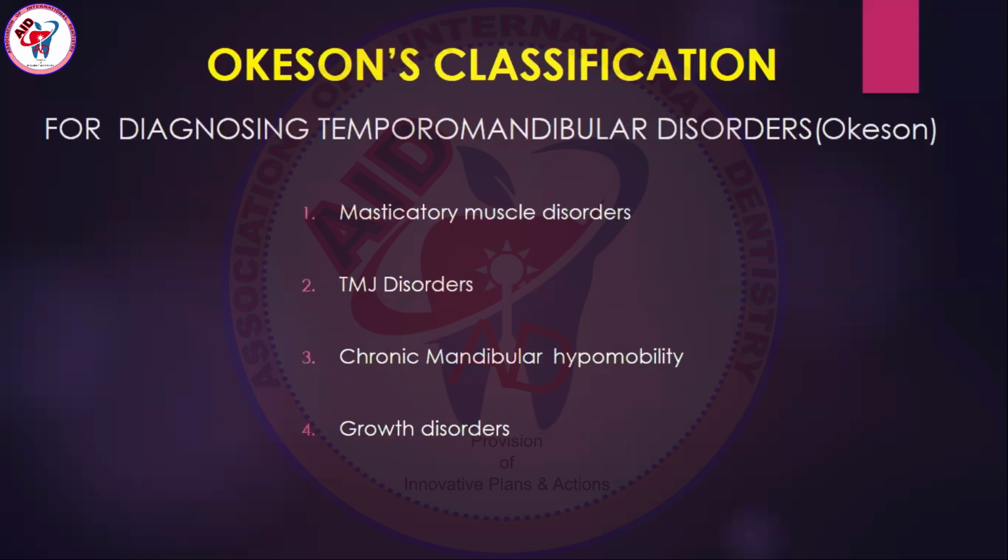Then we have Ocasson's classification. This was proposed in approximately 1994-95. It has also described things in detail, and he has added one thing more, that is the growth disorder.